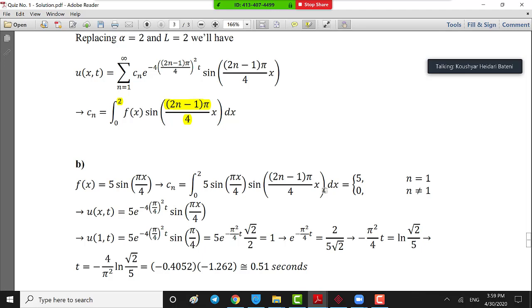So, for n equal to 1, this sine becomes sine of pi x over 4, and the result of the integration is going to become 5 times 2 over 2, which is 5. Yes? And for all the other values of n, the result of the integration is going to become 0.